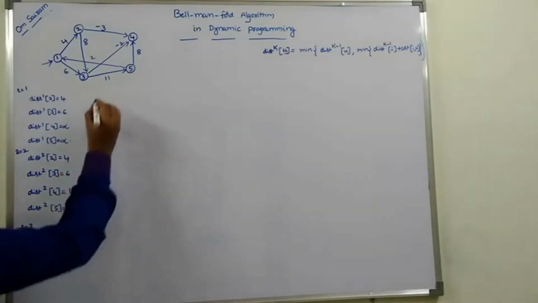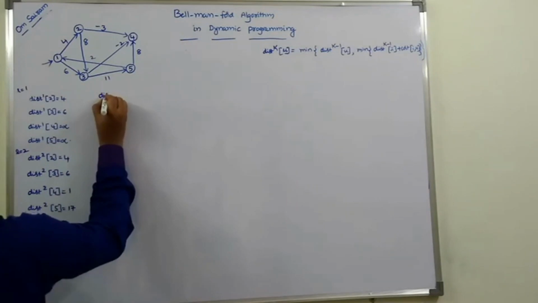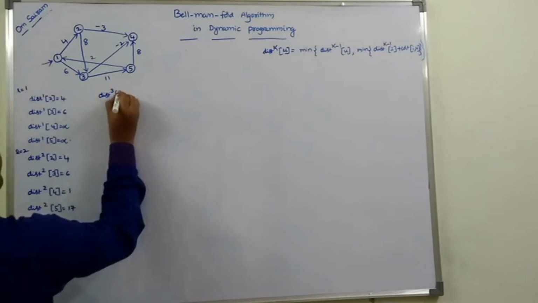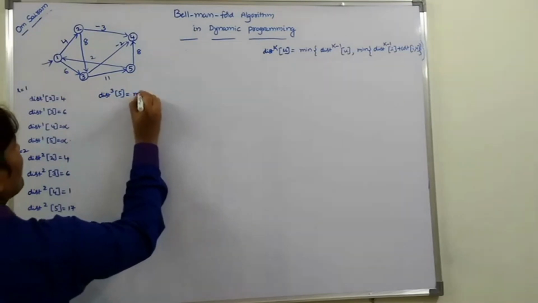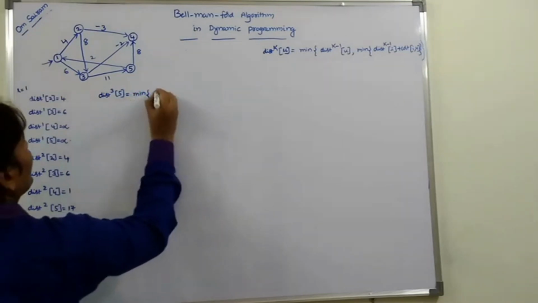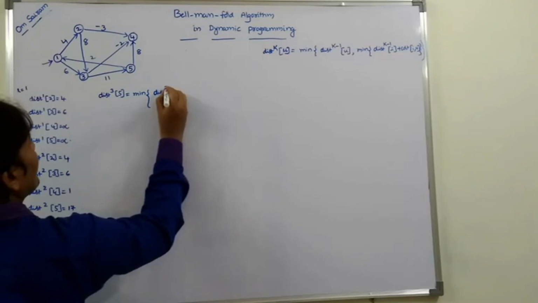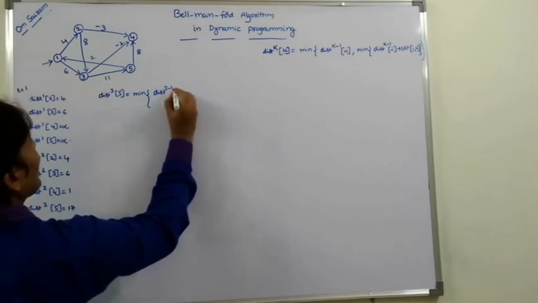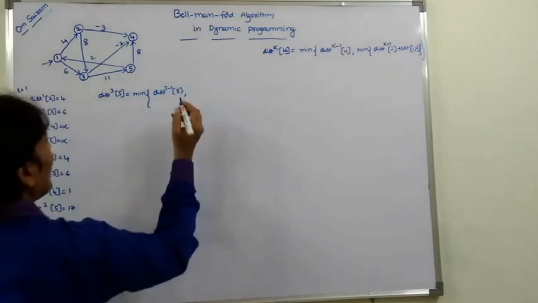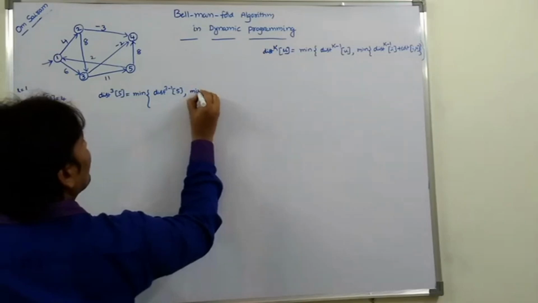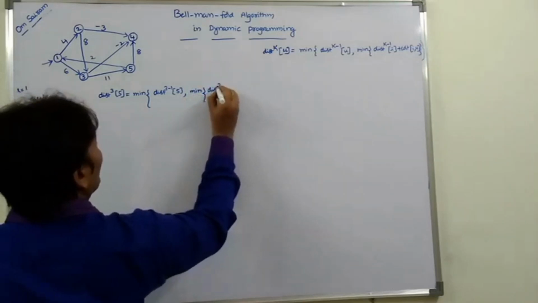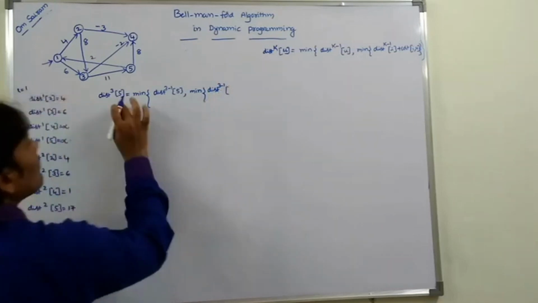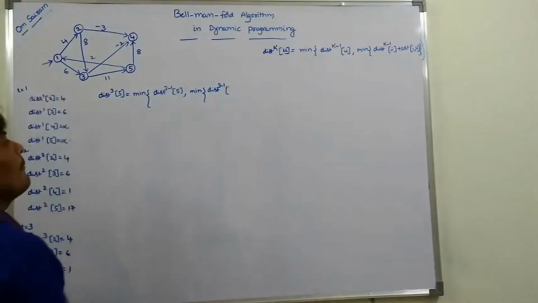Now DIST 3 of 5 is equal to minimum of DIST 3 minus 1 of u value is 5, so minimum of DIST 3 minus 1 of i. What are the remaining vertices? 2, 3, 4.